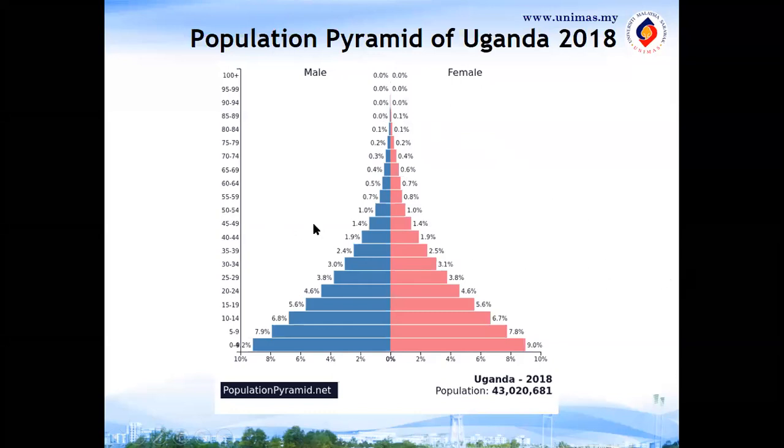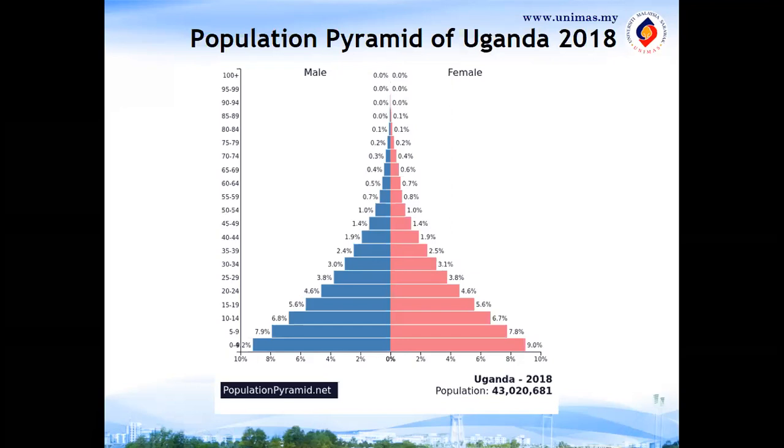If we look here at those aged 65 and above, it is around 0.4%, 0.3, more or less 0.7, about 1.2% of the population, or less than 2%, put it that way, are aged 65 and above.